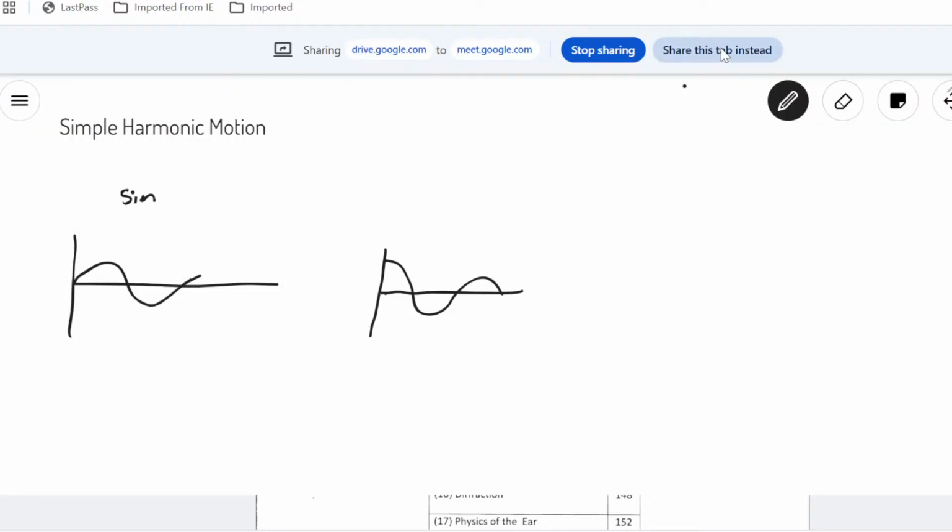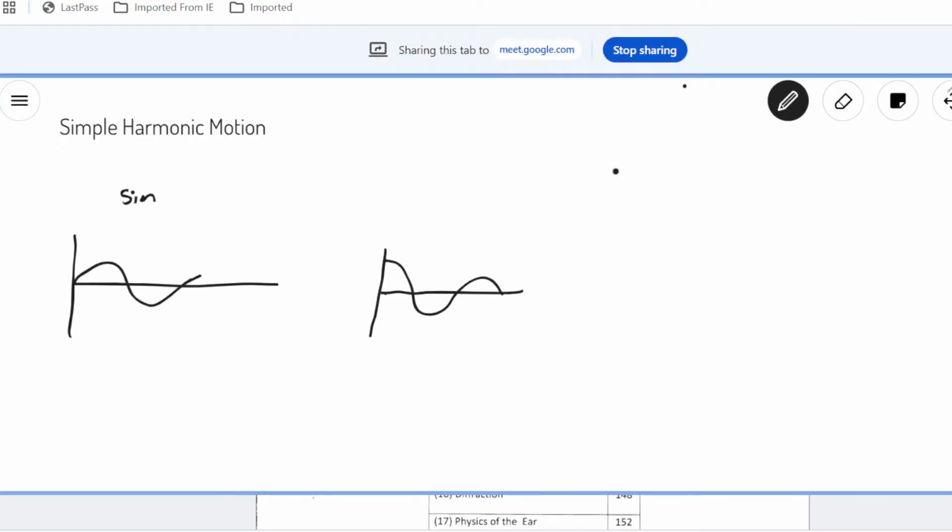Those are going to be more useful. So amplitude, that will look like that.